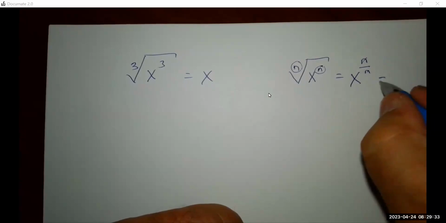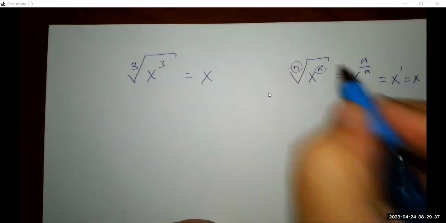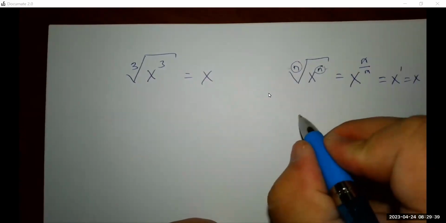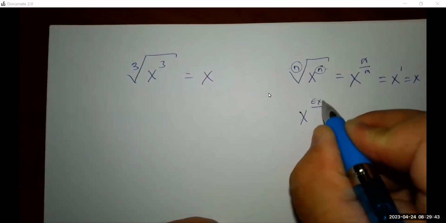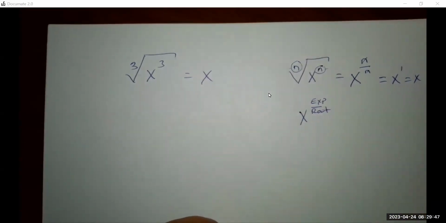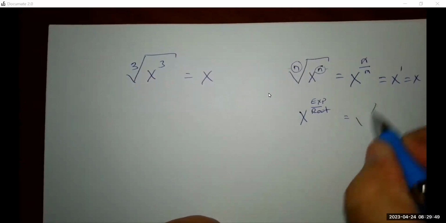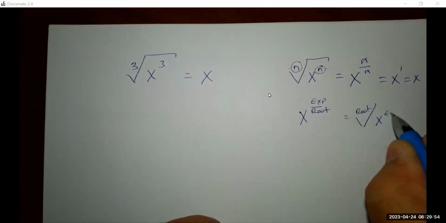And they cancel each other out. So we get x to the first, which is just x. So that's how they cancel out. So we have the exponent and the root equals the root and the exponent.